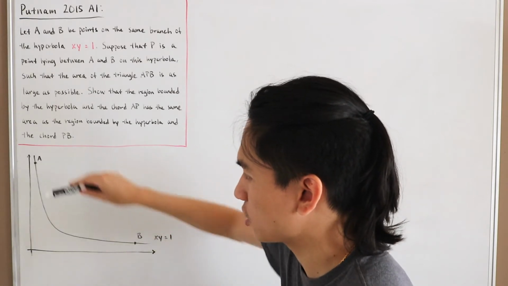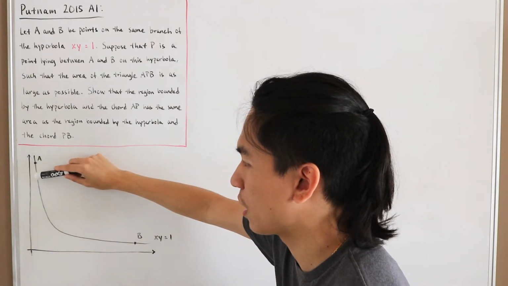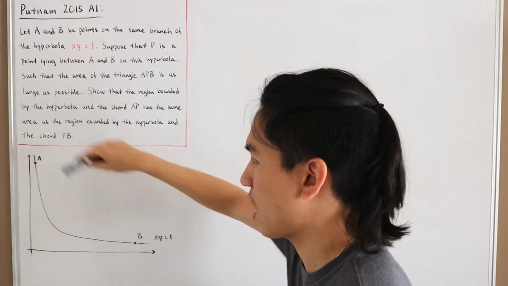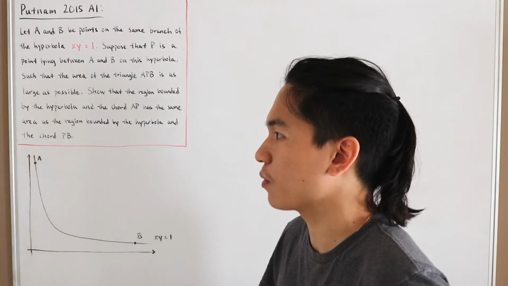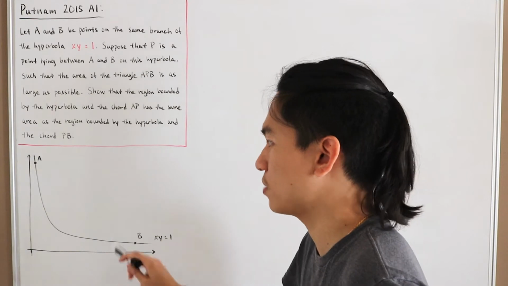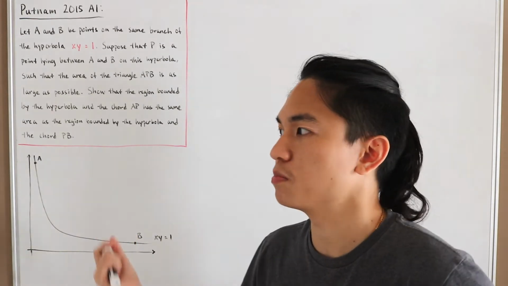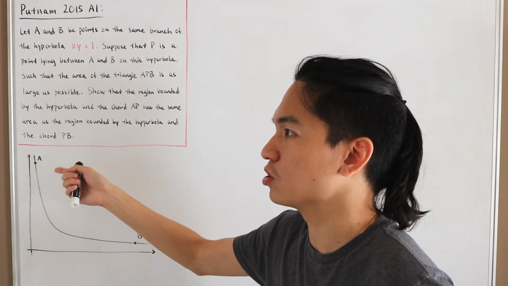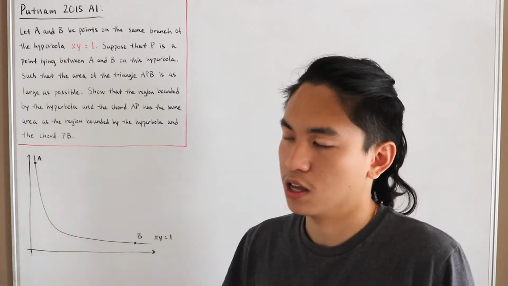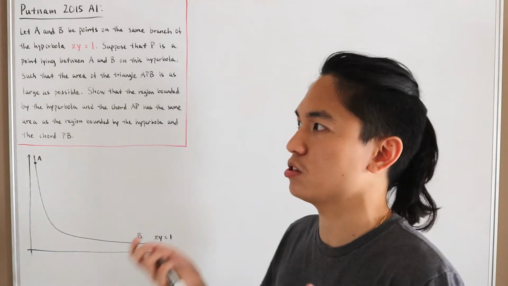If we sketch out a triangle with that point P, you'll notice that the area of that triangle is small. Same thing over here. Any point P that is relatively close to either point A or B gives a triangle with small area.